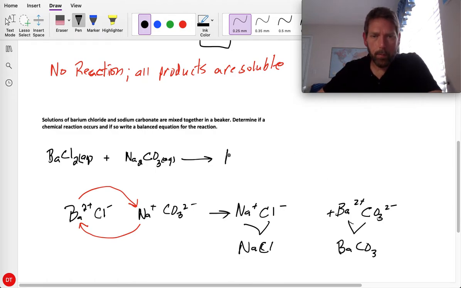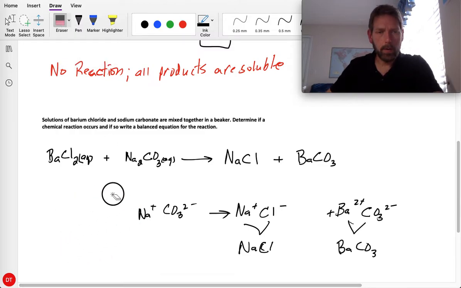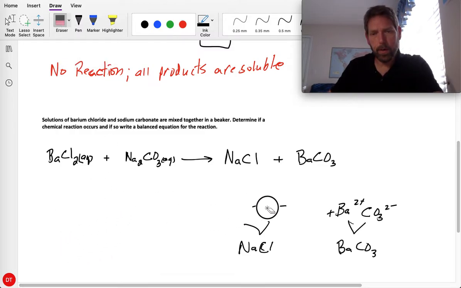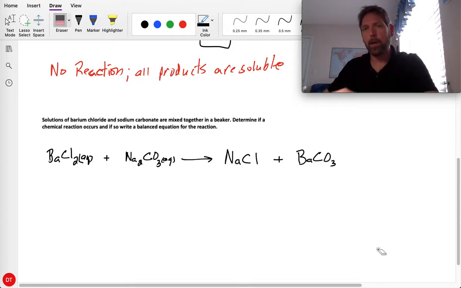So we come up here, we put NaCl plus BaCO3. I'm going to get rid of my scratch work, because on a quiz or a test, this scratch work would be somewhere else, unless you're specifically told to show it in that problem, right?